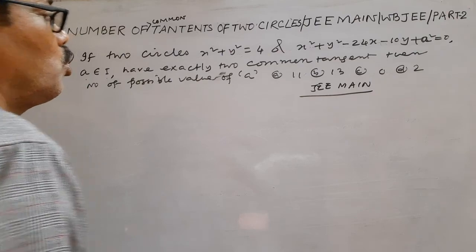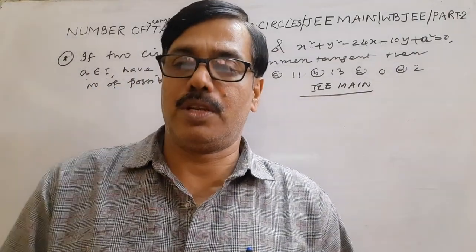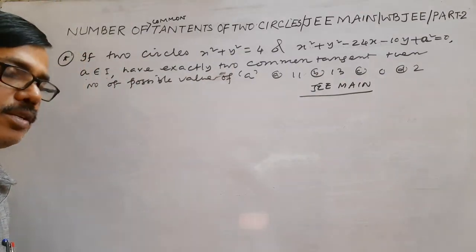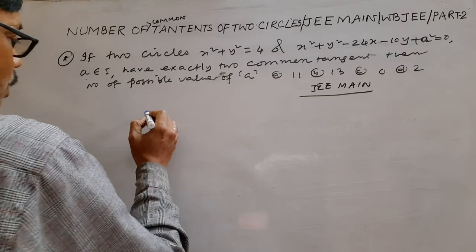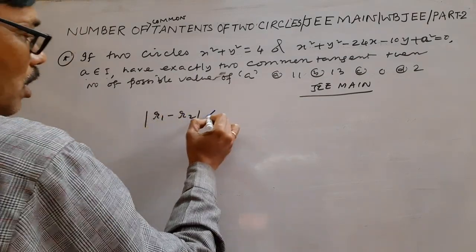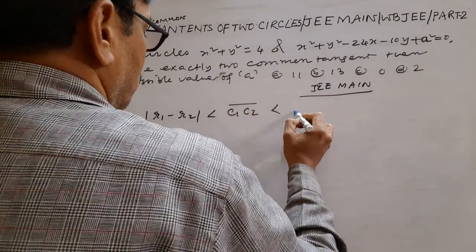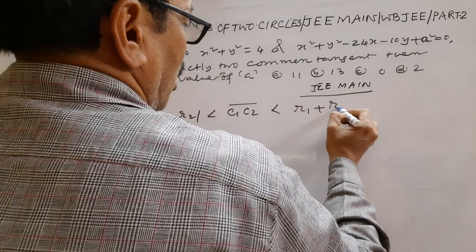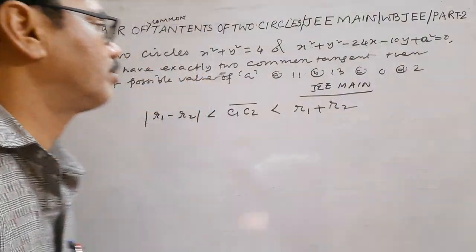So, two common tangents means two circles intersect. And what is our condition? |R1 minus R2| less than C1C2 less than R1 plus R2, we have just proved it. That is, two circles intersect.